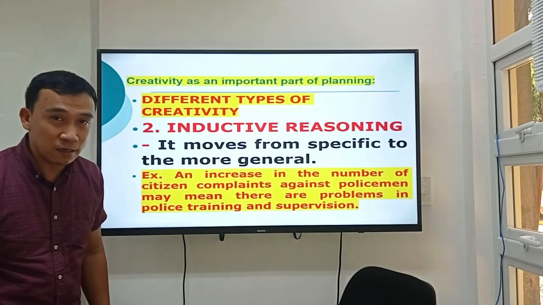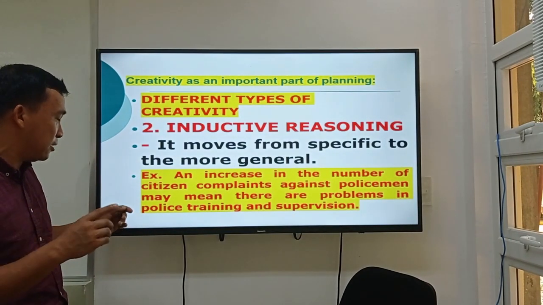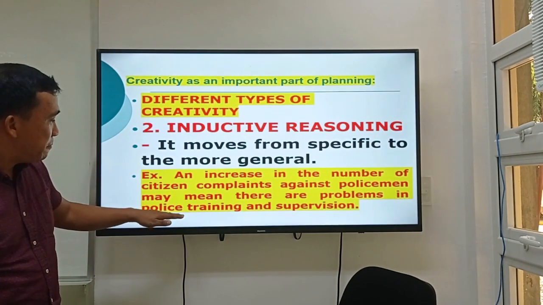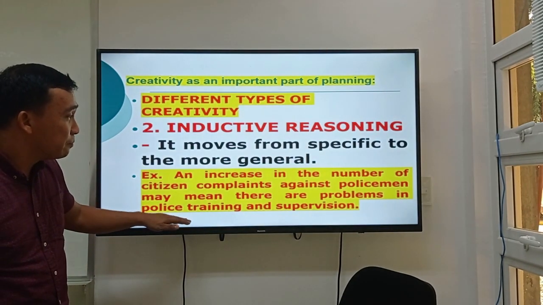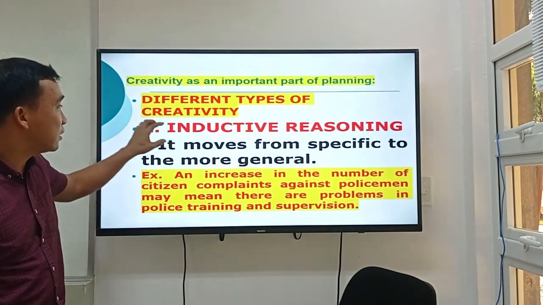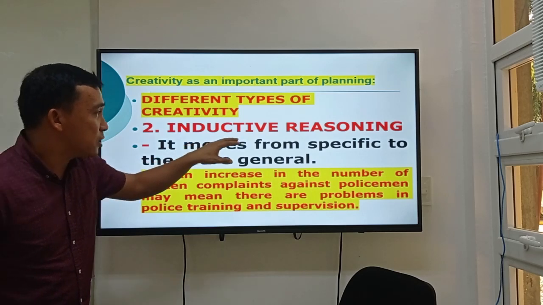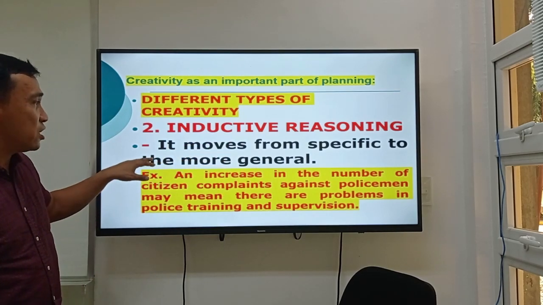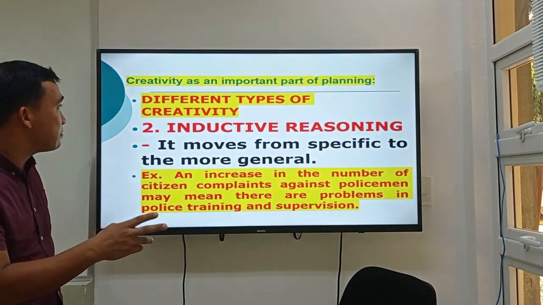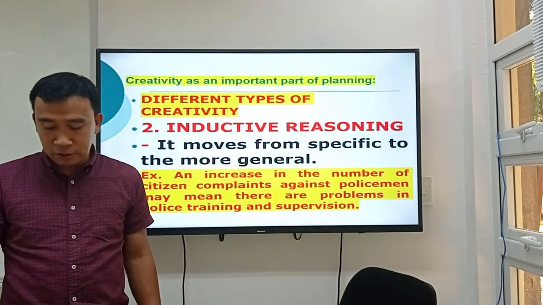Dati usong-uso yan. Okay, nirereklamo ang napakaraming mga policemen. Ibig sabihin nun ay merong problema pagdating sa training and supervision ng kapulisan. Ang tawag dyan is inductive reasoning. It moves from specific to the more general. Okay? That is the second type of creativity, inductive reasoning.